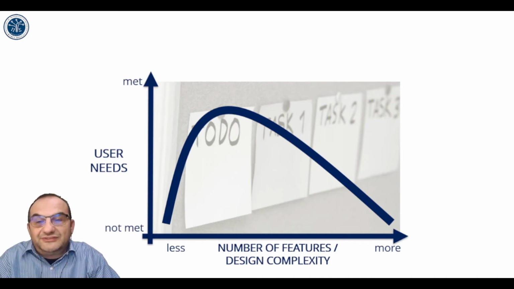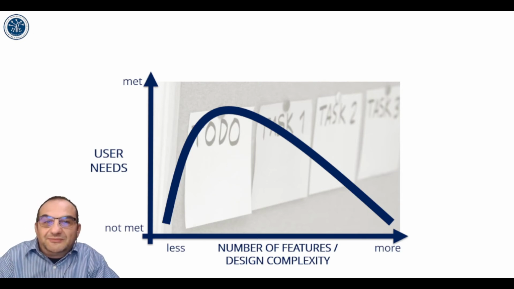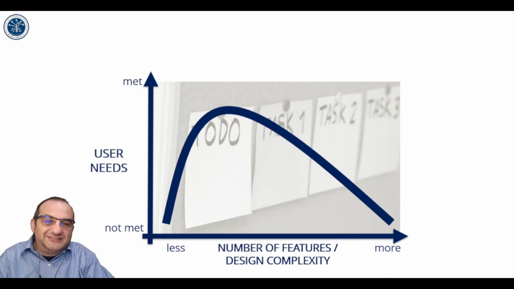Many of them are ignored, are just nice to have features. And honestly, some of them, for very complex applications, are never used. So they have no influence on user satisfaction. So it's not exactly an inverted U, but it's very similar to that shape.